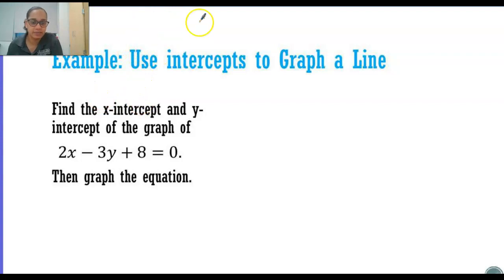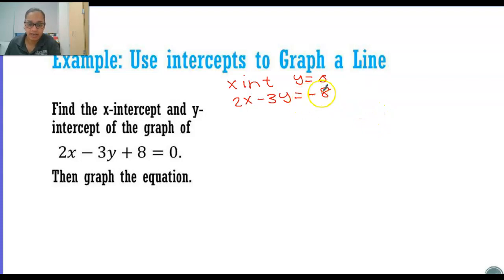So on this example, we're going to use the intercepts to help us draw a graph. The interesting thing about the x and y intercept is the x-intercept occurs wherever y is equal to 0. So whenever I'm trying to find the x-intercept, first let me go ahead and put this in standard form by subtracting 8 on both sides.